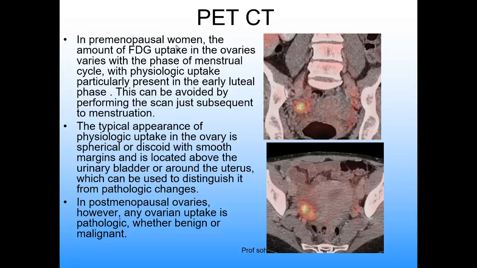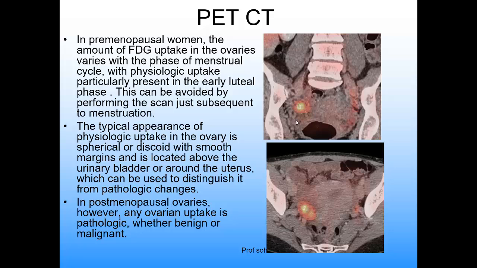In premenopausal women, the amount of fluorodeoxyglucose uptake in the ovaries varies with the phase of the menstrual cycle, with physiological uptake particularly in the early luteal phase. This is very important if you do PET scan in a patient of childbearing age; then this is normal.